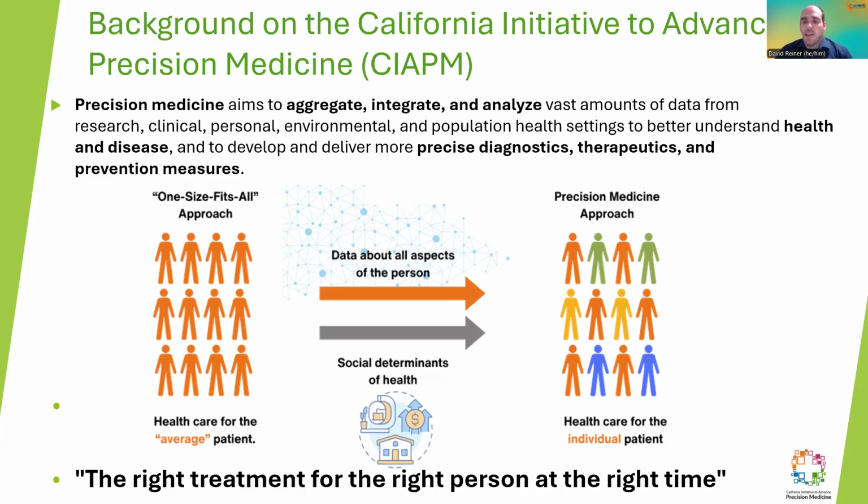Do you have any favorite examples of previous projects? I'm not going to pull out any favorites, but I recommend that you check out our website and look at our previous projects, and you can see what they look like, the topic areas they've covered, and how they think about and address precision medicine. I will say that all the projects that we've previously funded have been at the PI level.